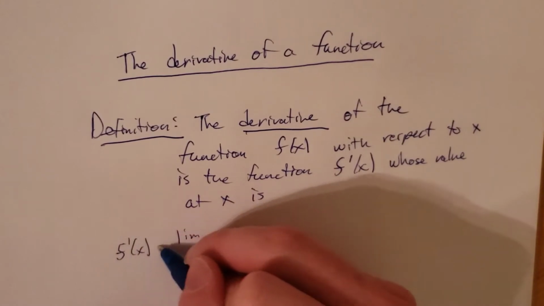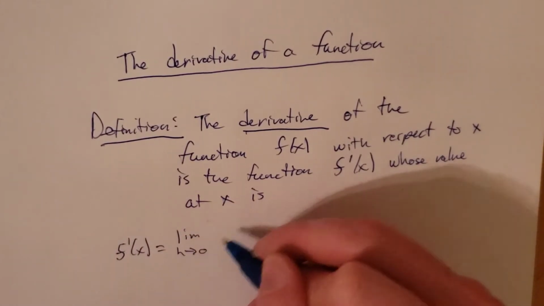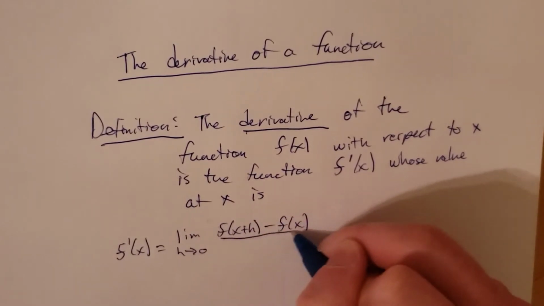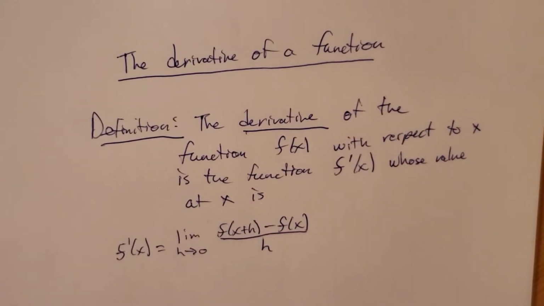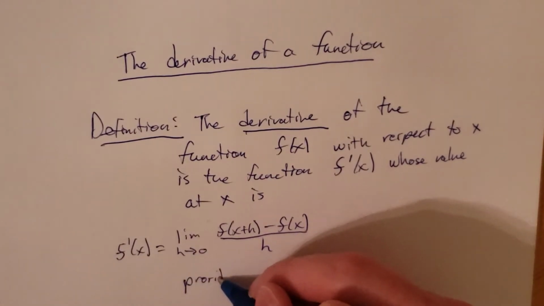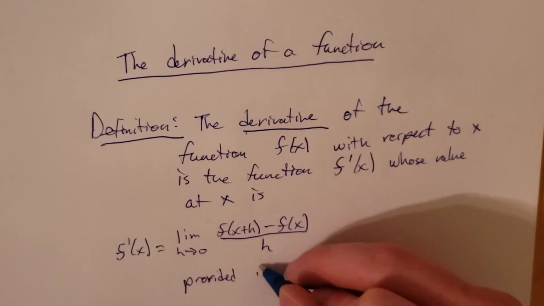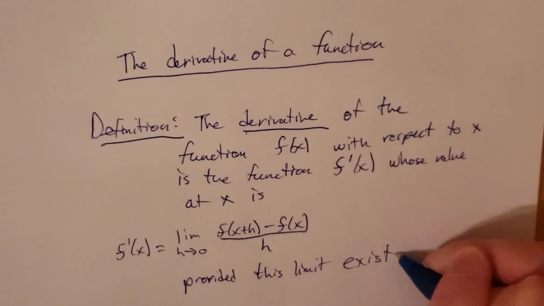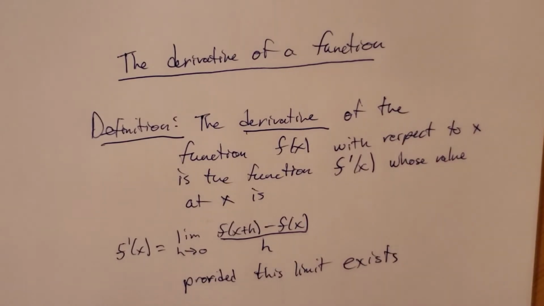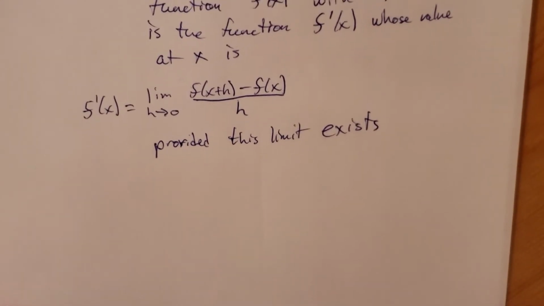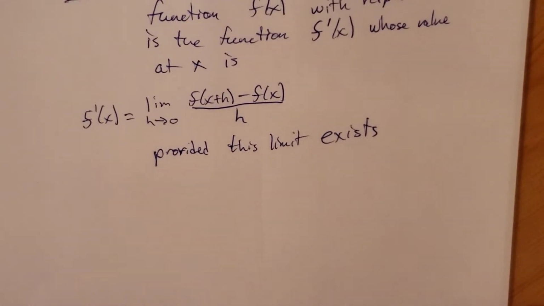So f prime of x is equal to the limit as h goes to 0 of f of x plus h minus f of x all over h. And of course, with the caveat that provided this limit exists. Okay, so that's our definition of the derivative of a function.